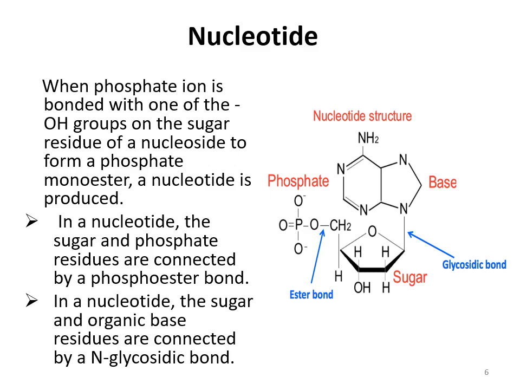In the slide you can see that an ester bond is formed between carbon number 5 of the pentose sugar and the phosphate group, with one of the OH groups on the sugar residue of a nucleoside, to form a phosphate monoester. When a phosphate group attaches to a carbon of one pentose sugar to form one nucleotide, it forms a single bond with the sugar and is called a monoester.